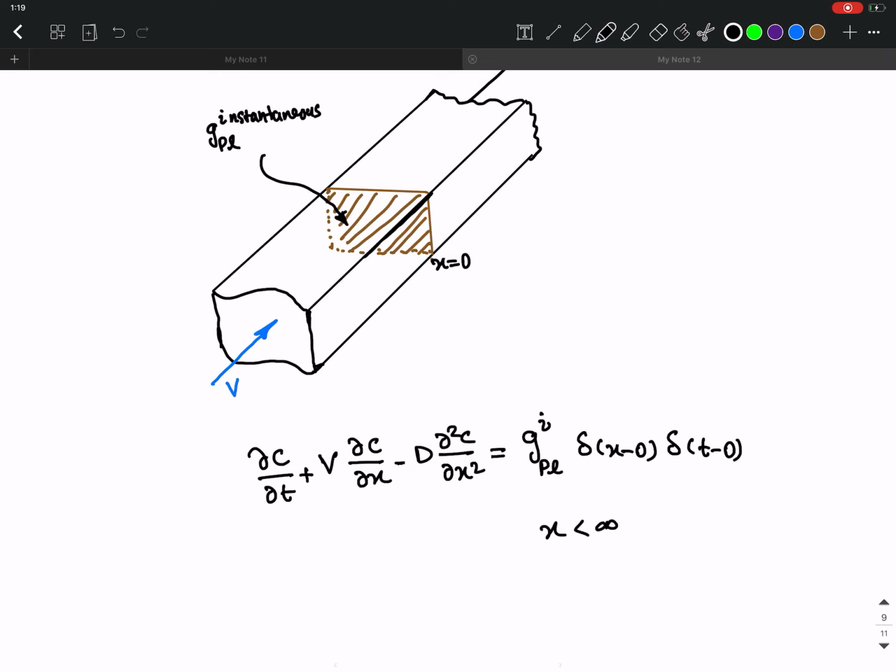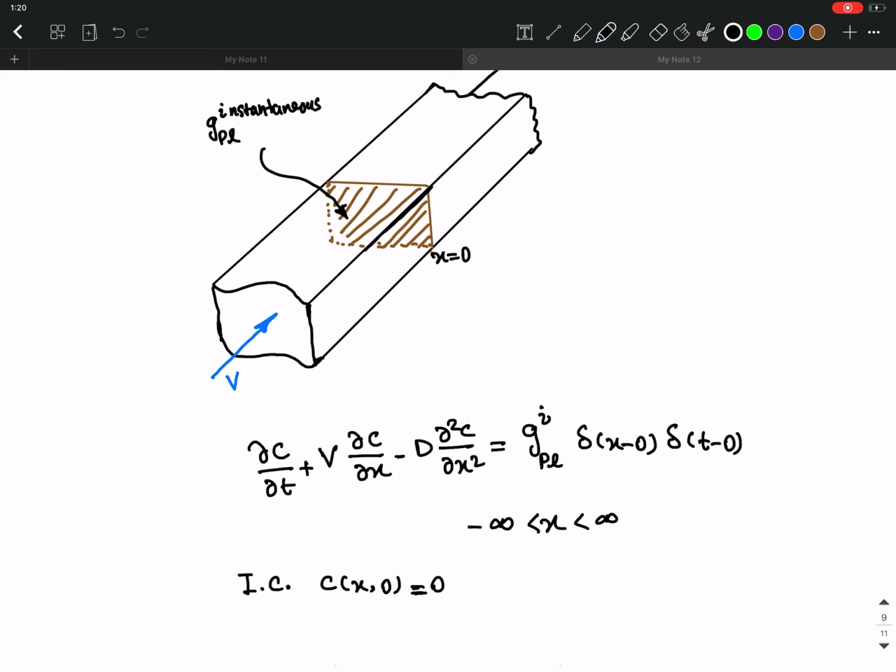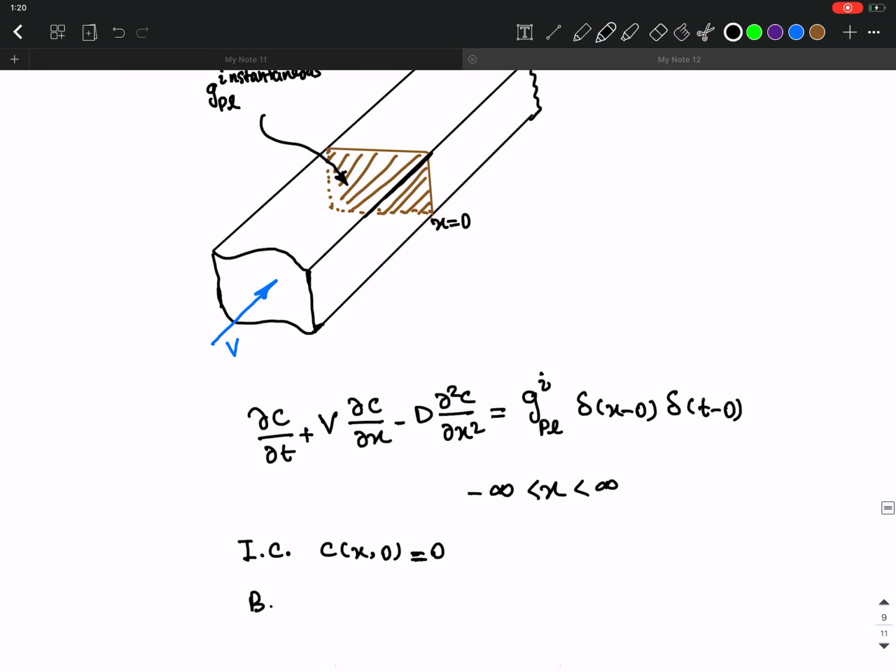This is valid for x between minus infinity and infinity. The initial condition of this problem is C(x, 0) is 0, and the boundary conditions are that C and partial c over partial x go to 0 as x goes to plus or minus infinity.